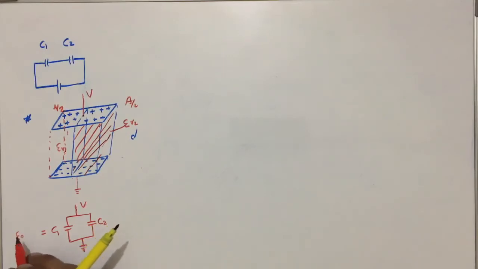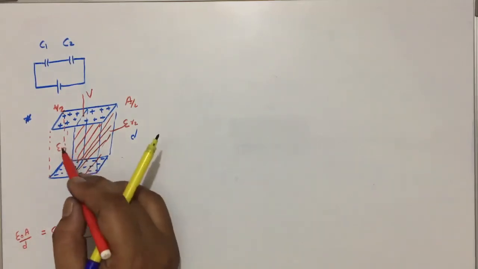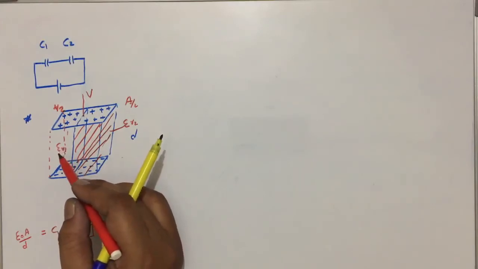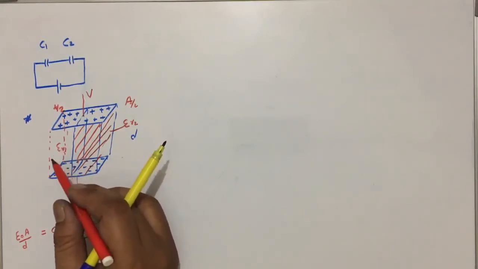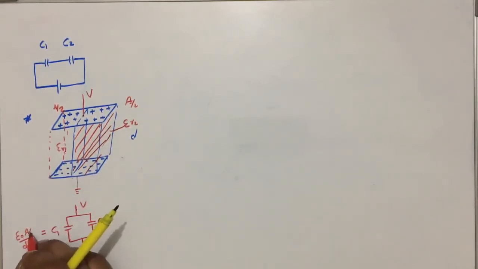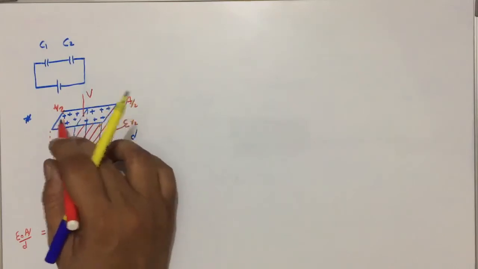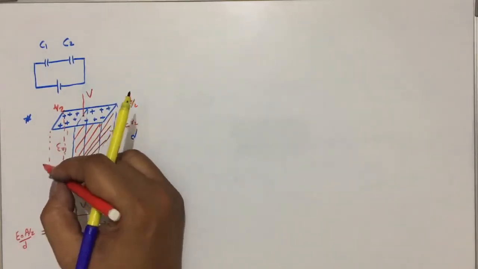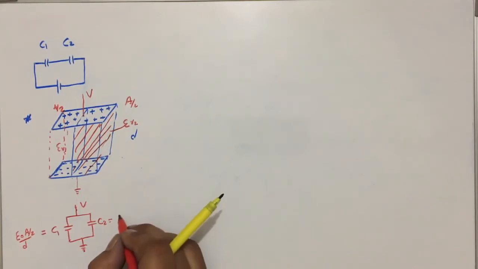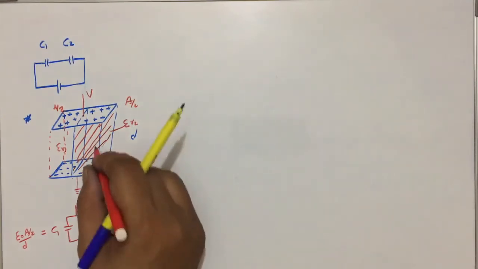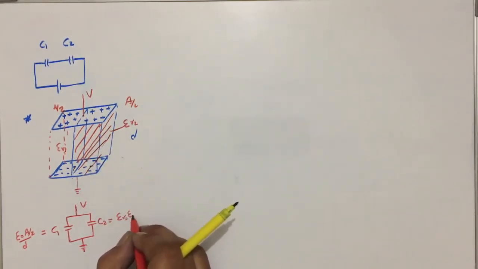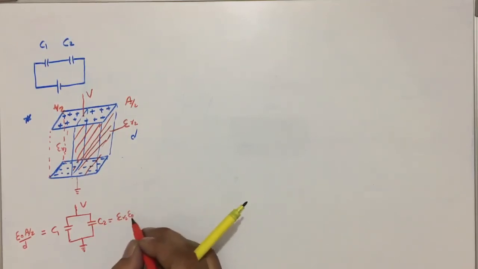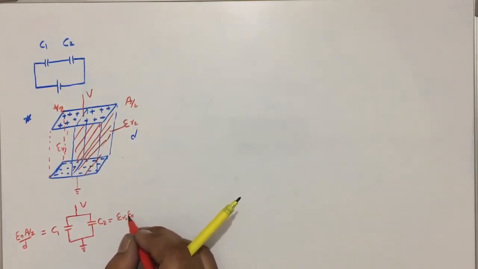If you can remember, then it was epsilon naught A by D. Here the material is air, so for air we can assume epsilon naught, and A is the area of the cross section, full is A, so half part will be A by 2, D is D, and C2 will be epsilon relative permittivity, that is permittivity of this is epsilon R2, epsilon naught, combining two it is relative permittivity with respect to air.